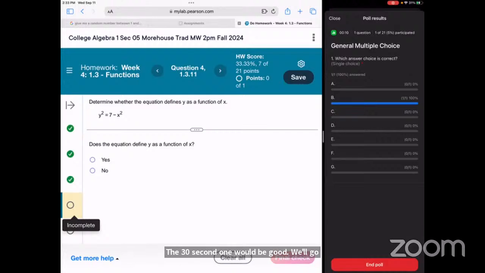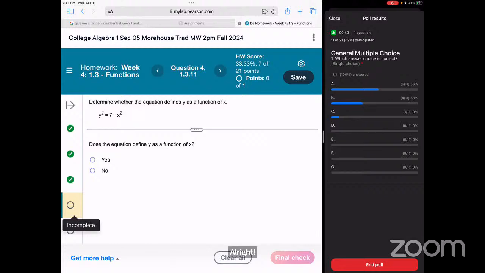Does this define y as a function of x? Okay, take a few more. We got about 5 people engaged. All right.